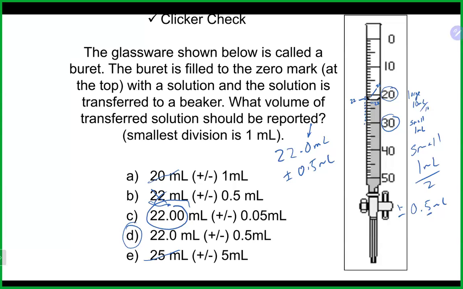The uncertain number would be the last 0, right? And that would basically be saying you could make a better measurement than you actually can with this scale. So again, you got to hit it on the right number of digits, no more, no less. Less is no good, and more is no good for the same sort of reason. It is not what you should be doing based on that scale. So again, D here should be the right answer.